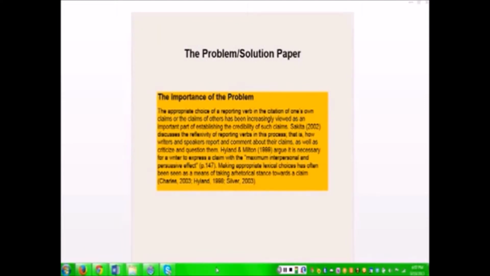So we're going to discuss certain aspects of the problem solution paper. We're going to look at a formal publication, but the ideas that we discuss here are applicable in any of these kinds of papers, whether you're writing an argument paper, a dissertation proposal, or a research paper, or any other form of academic writing.